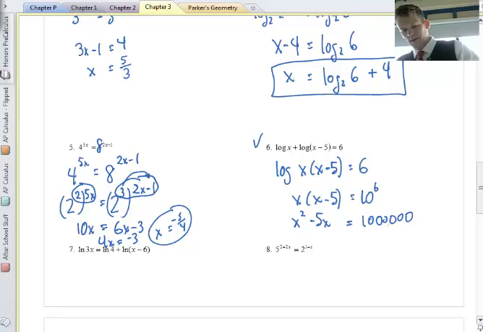And I have never had to factor something so enormous. So I don't know what the answer to this riddle is as far as what multiplies to 1 million but adds to negative 5. I would probably go with the quadratic equation at this point. But that's how you would get it down to that step.